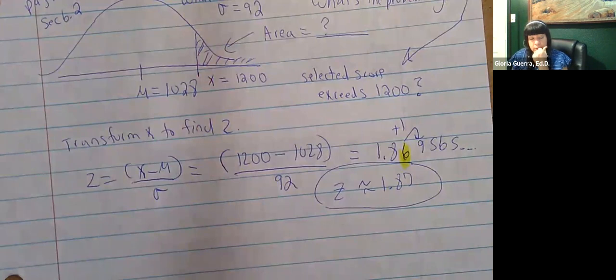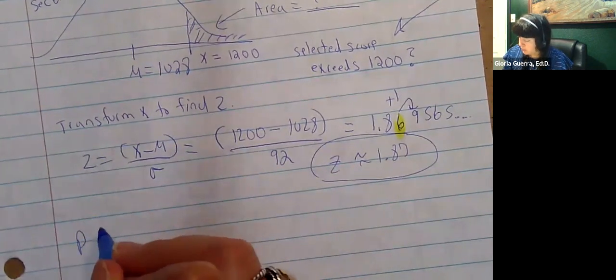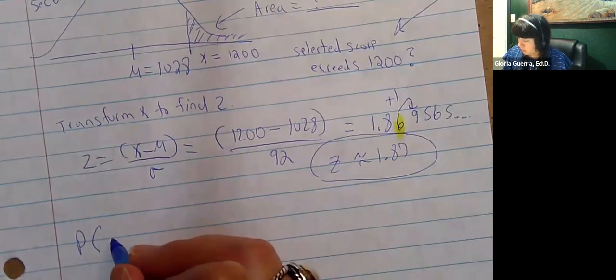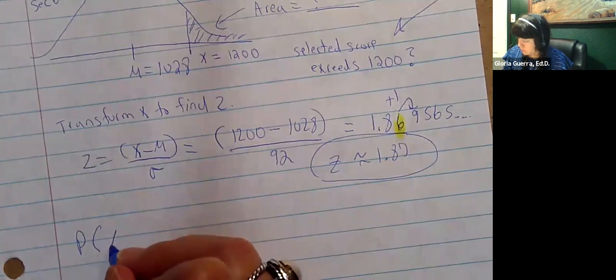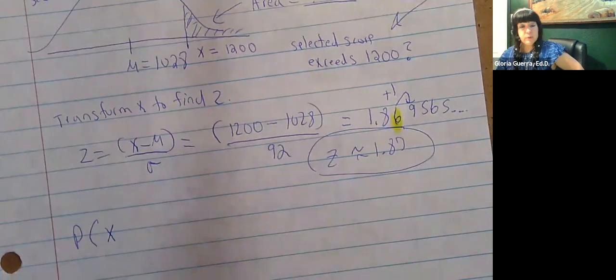All right. So now when you set up your probability, we have the probability that x... let's see how we're going to write this up. Because we've got to find area to the left of the curve, right? We have to subtract.